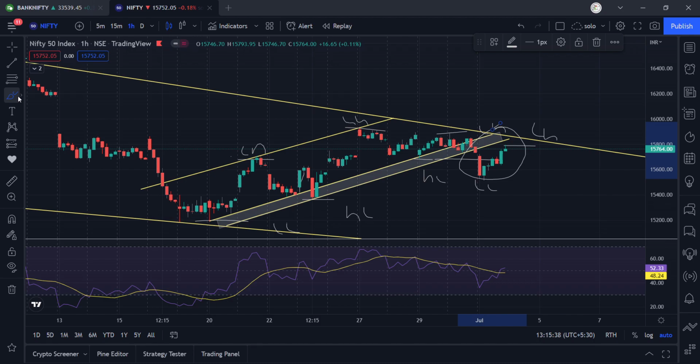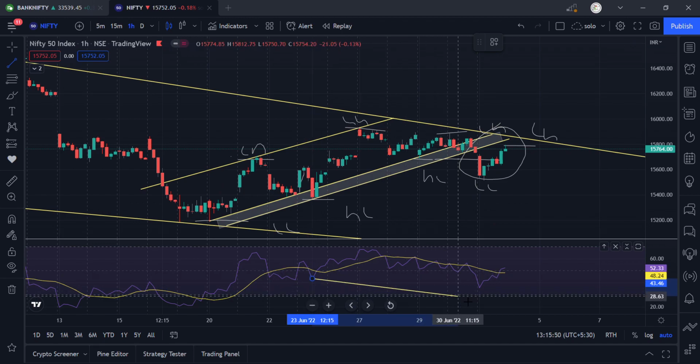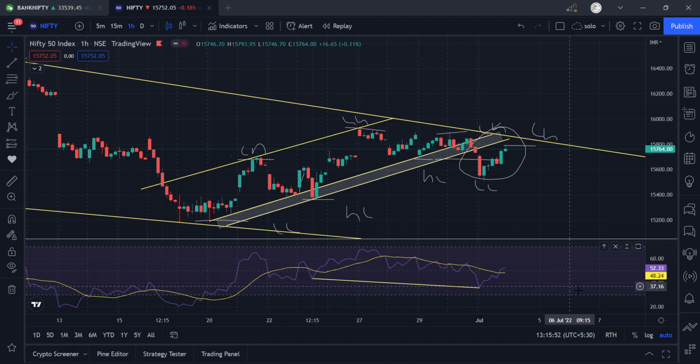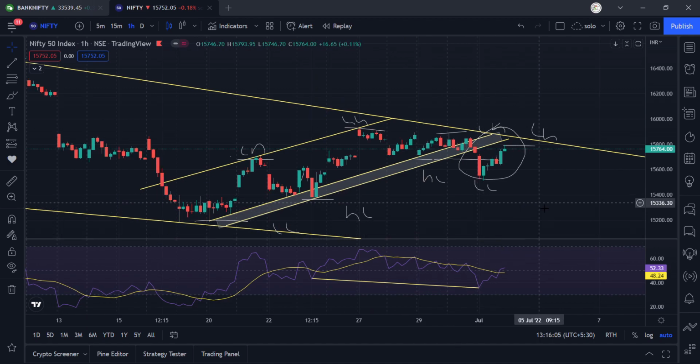So this is what I want to see, right? This low should be lower than this. But here, what happened? See, from this it is a higher high, but in the divergence it is a lower low from here to here, and even the divergence confirmed that there will be a bearish market.